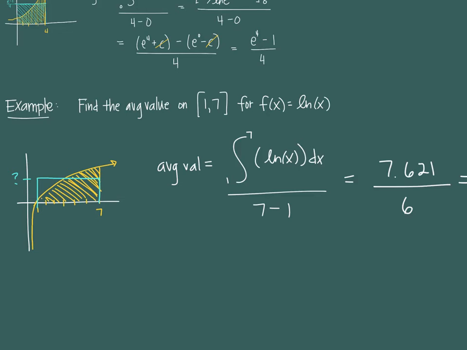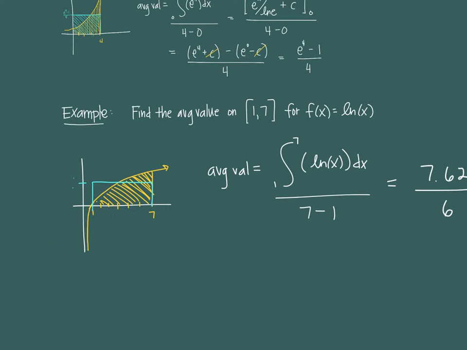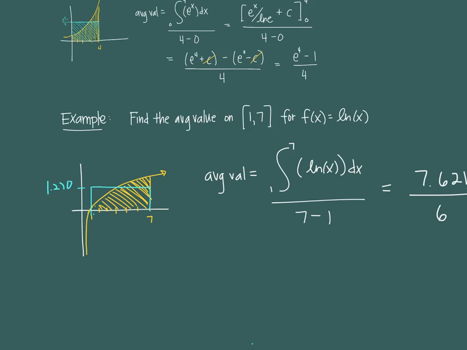Okay. That we now know that this would be a height of 1.270. That would be the average height or the average value across that interval from 1 to 7 that would create a rectangle with equal height to the logarithm area.